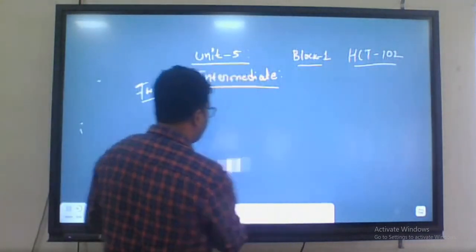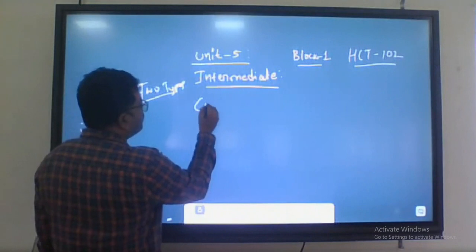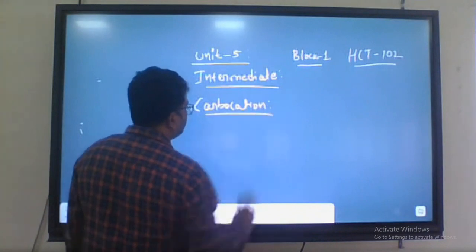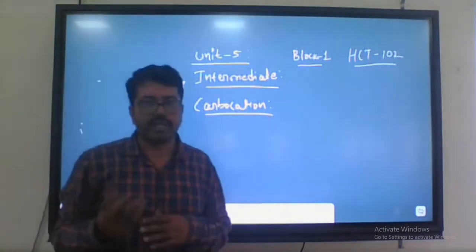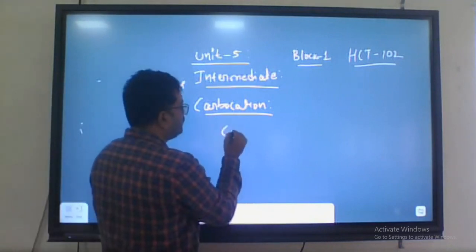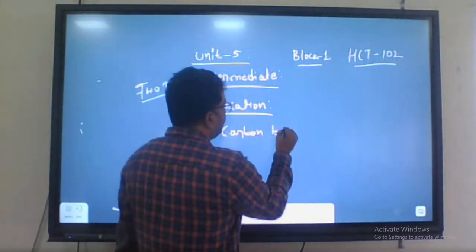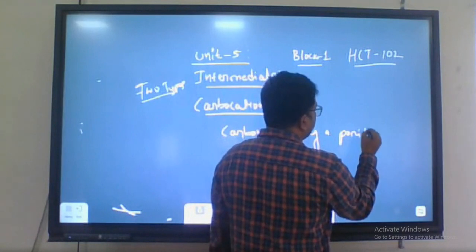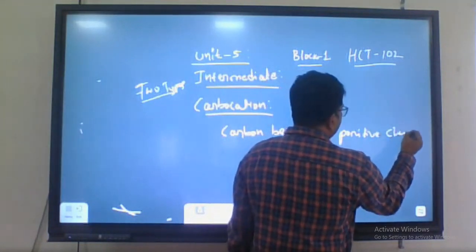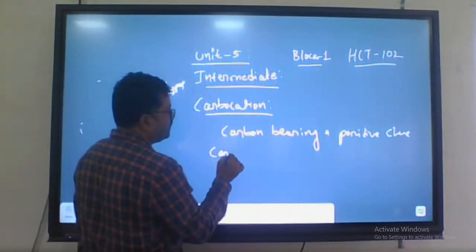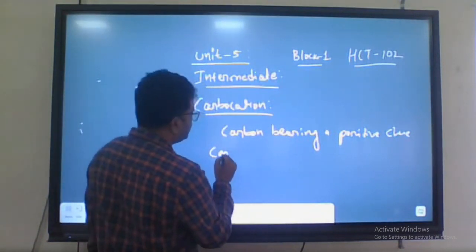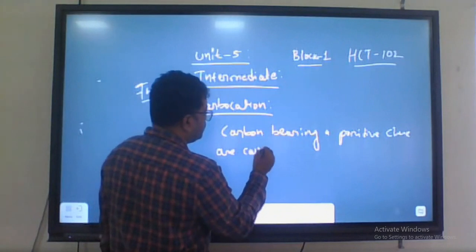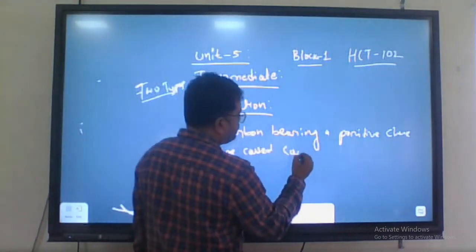The first intermediate, carbocation. Carbon bearing a positive charge is called carbocation.